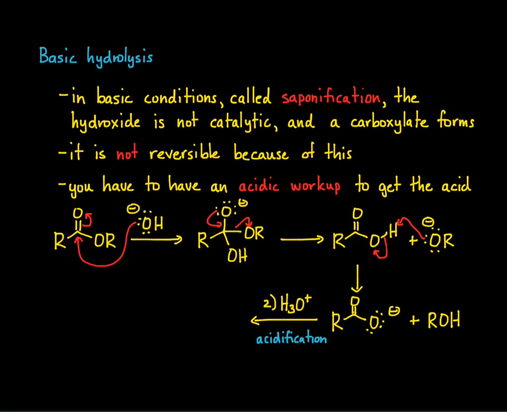So we basically have to neutralize all of the hydroxide with a strong acid until all of the hydroxide is neutralized. Then we start to protonate the carboxylate, and we can generate a carboxylic acid this way. So again, this is actually probably the best way of hydrolyzing an ester because it's an irreversible reaction.